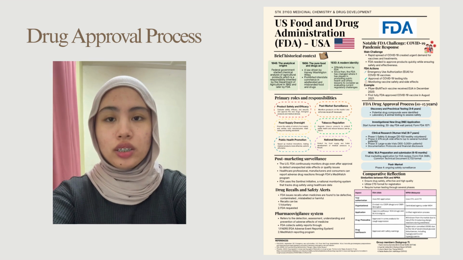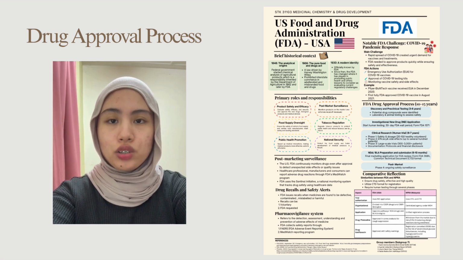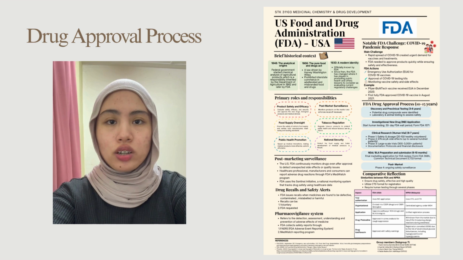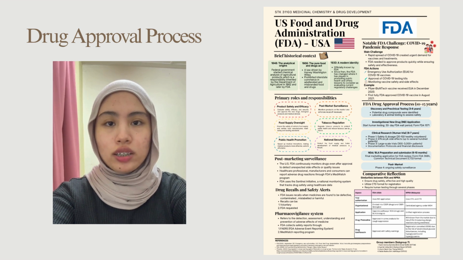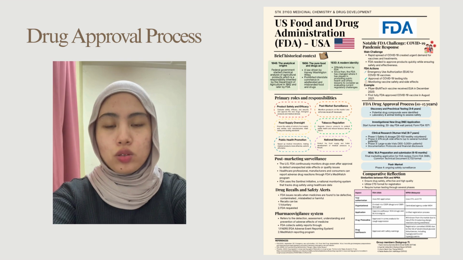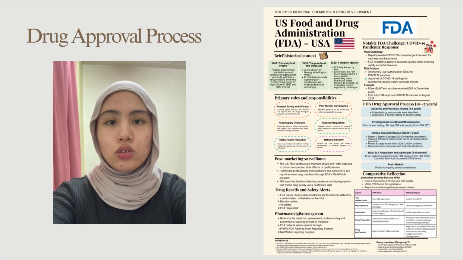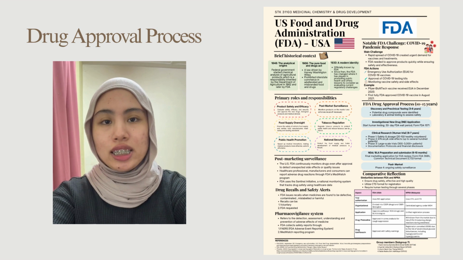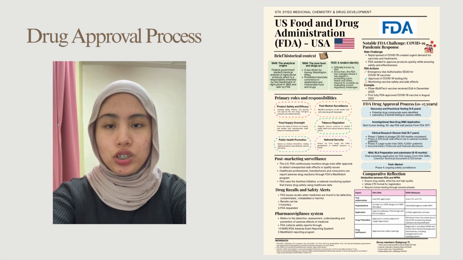After approval, the drug undergoes a clinical trial which has three phases. In phase 1, the drug is tested on a small group of volunteers to check safety and dosage. In phase 2, it is given to patients to evaluate effectiveness and side effects. In phase 3, it is tested on a much larger population to confirm its safety and effectiveness.